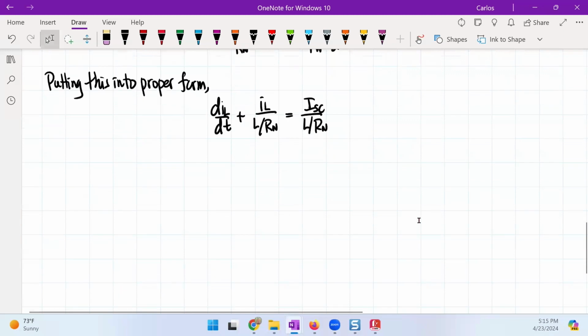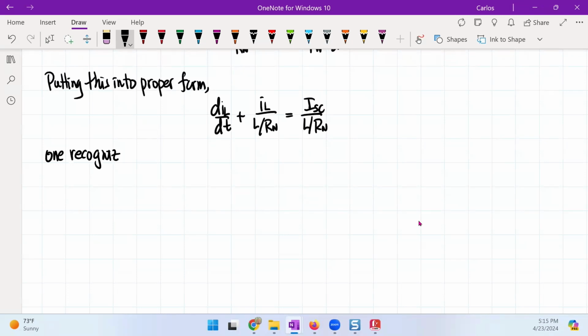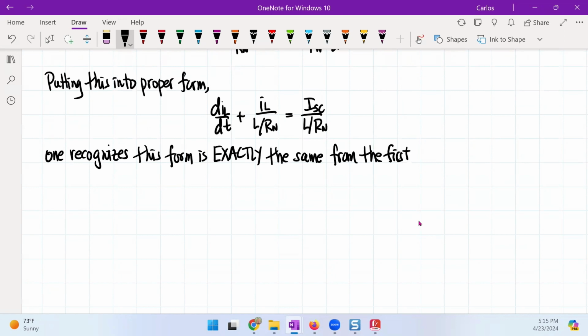So if you put this into proper form, one recognizes this form is exactly the same as the first order equation of the Thevenin RTH C circuit.